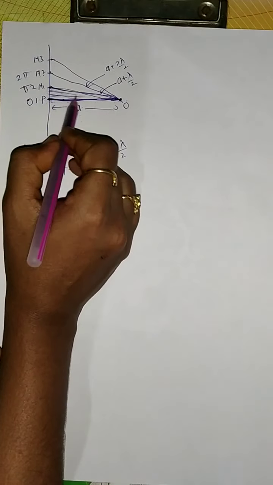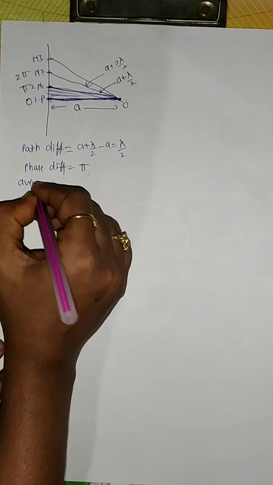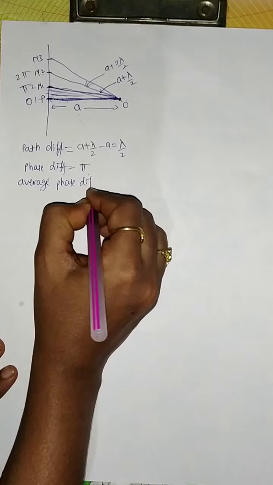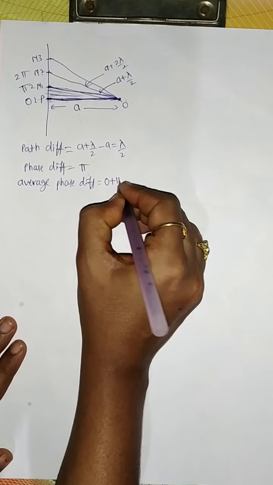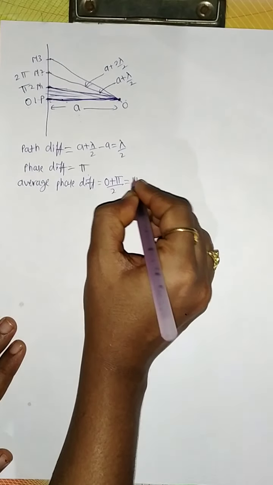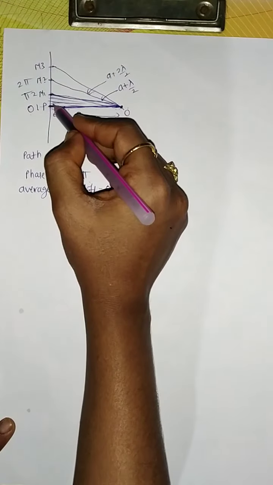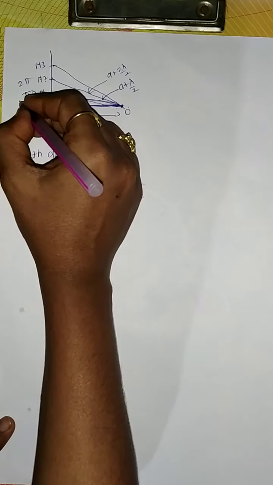For those rays, we will calculate the average phase difference. So how to calculate the average phase difference? This plus this divided by 2. So nothing but 0 plus pi divided by 2, which is equal to pi by 2. Understanding? So in between P and M1, whatever rays are coming, their phase difference will be pi by 2.